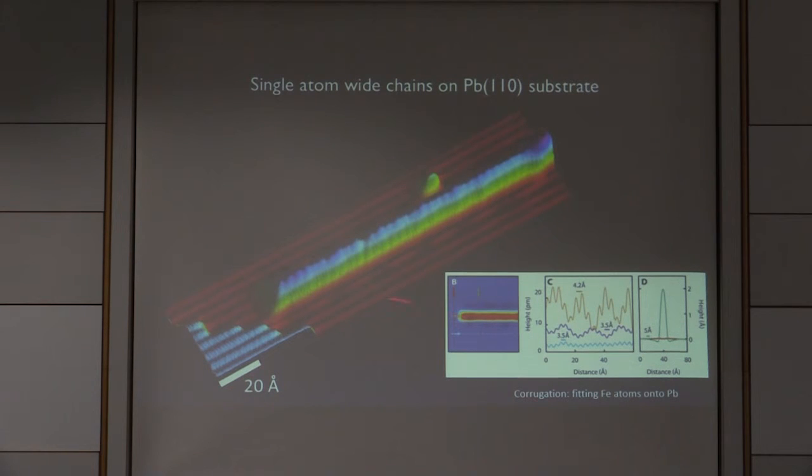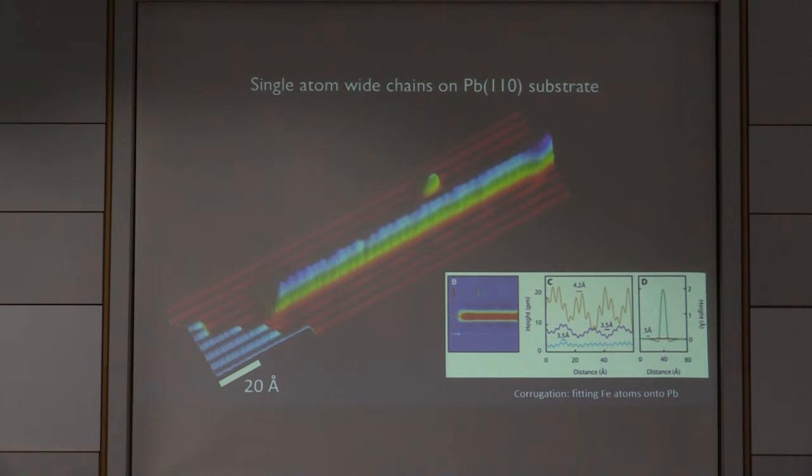And now we can take a topography of various sections, and the first thing you notice is that these chains are 2 angstroms high. But you also notice that there is some corrugation on the chain, which means that the iron atoms do not fit perfectly in the lead matrix. And when we saw this the first time, we were very worried and confused.